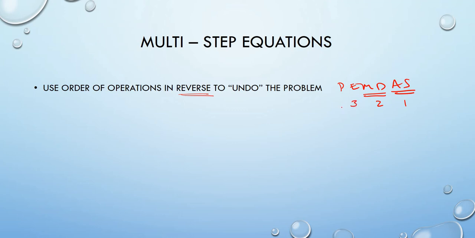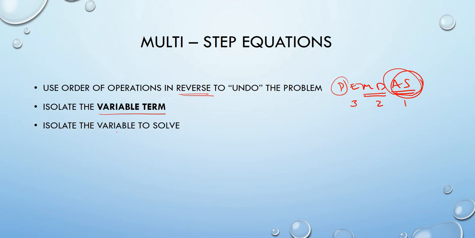Well, the parentheses is still something that we work with first, but we're going to start with our add and subtract. So first thing to do is to isolate the variable term, and the last thing is to isolate the variable to solve.